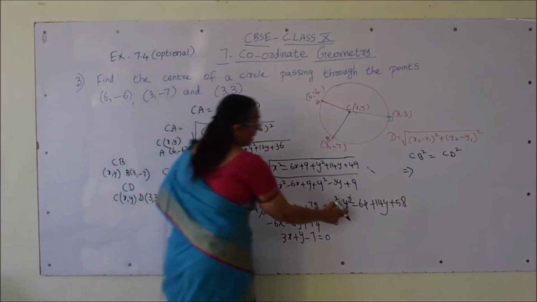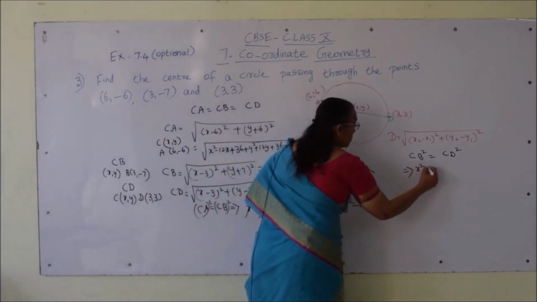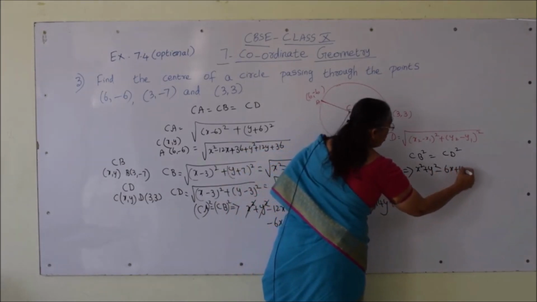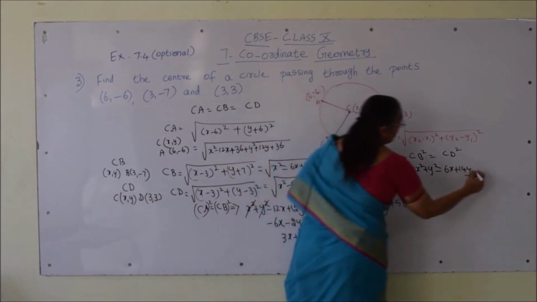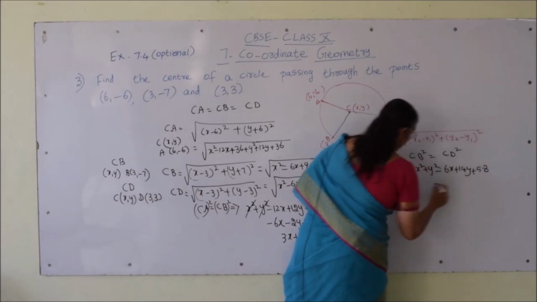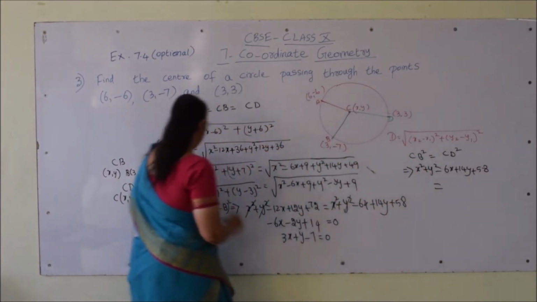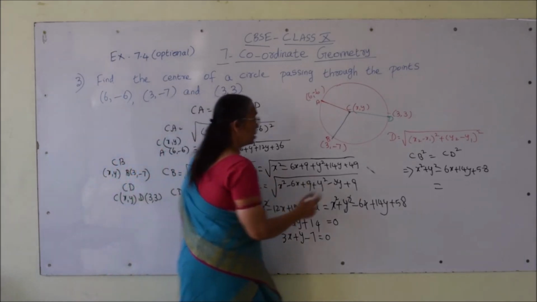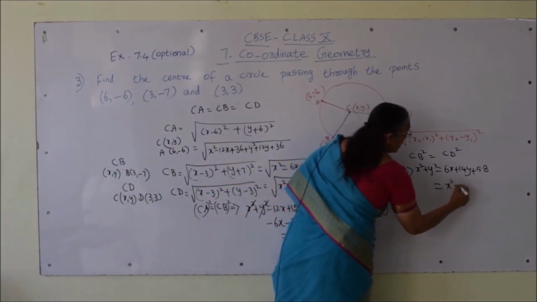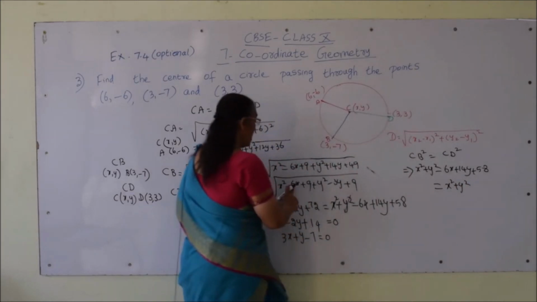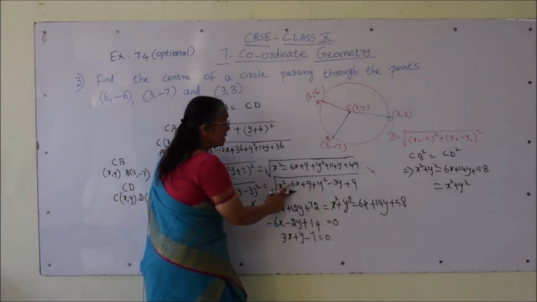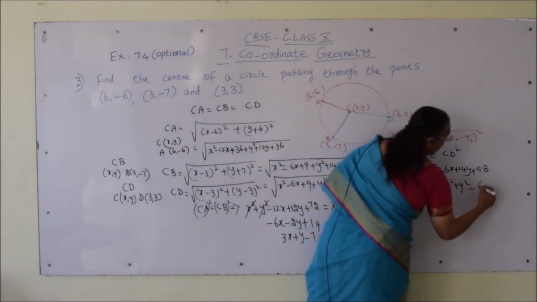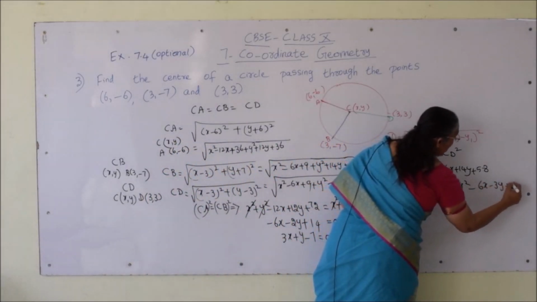So, x square plus y square minus 6x plus 14y plus 58 is equal to CD square. CD is this value: x square plus y square, then minus 6x minus 3y plus 18.